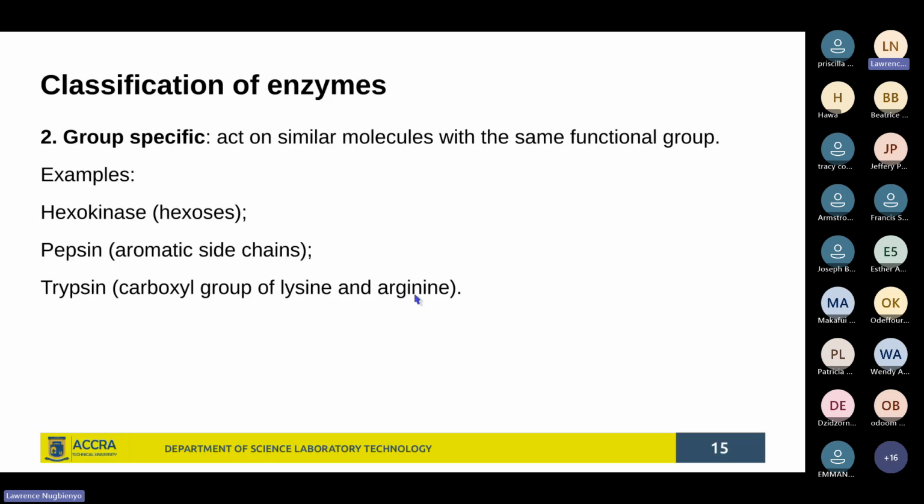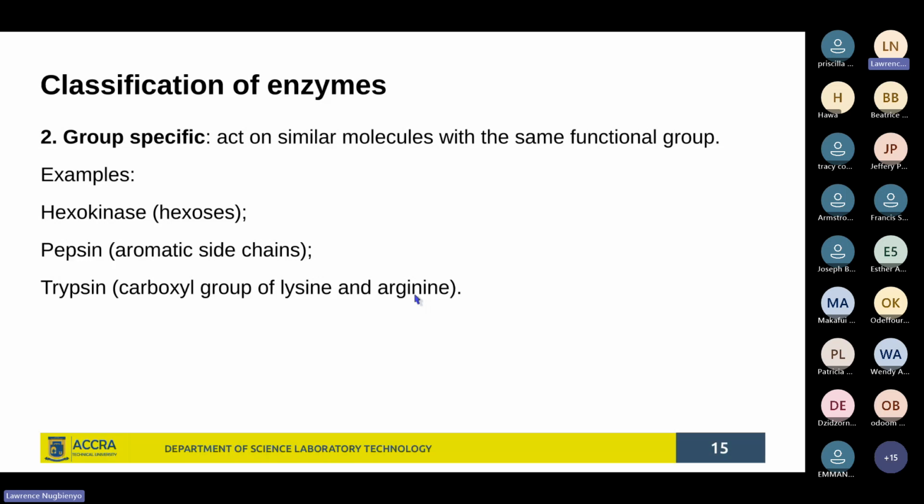So it can be any hexose, not only glucose, but also mannose, tagatose, cyclose. So for many of these hexoses, you have enzymes acting on them in the transfer of phosphate groups onto them.